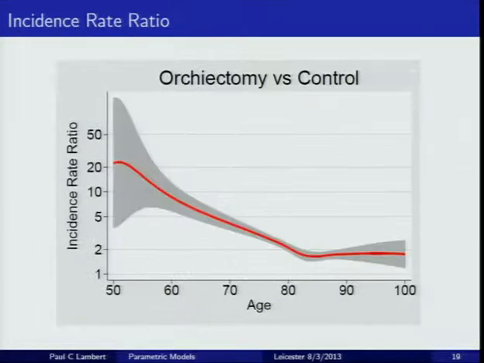So we can calculate the time-dependent hazard ratio as a function of attained age. We can see a much larger increase amongst the younger people compared to those who are older, say over 80. So we're getting a 10-fold relative increase in the incidence of hip fracture.